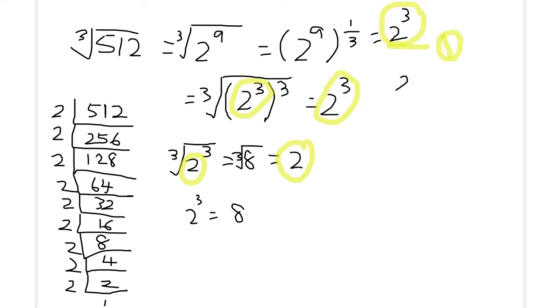To explain it better, 2 to the power of 2, let's say, and this is to the power of 2. So this one will be actually 2 to the power of 4 because 2 times 2 is 4, right?